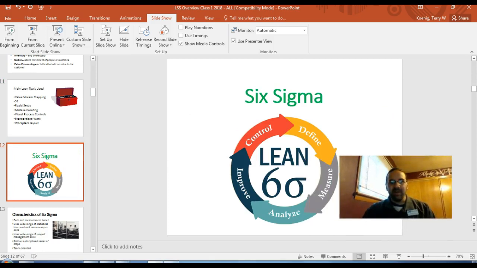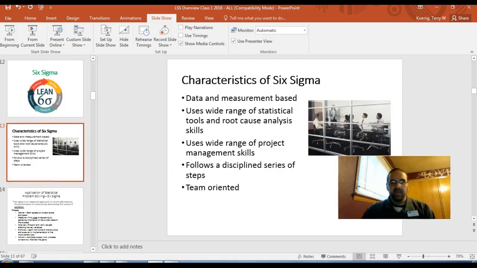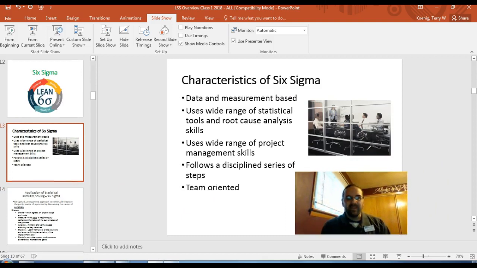Now the Six Sigma aspect of it is a little different, at least in its origins. Six Sigma is data and measurement based, and uses a wide range of statistical tools and root cause analysis.